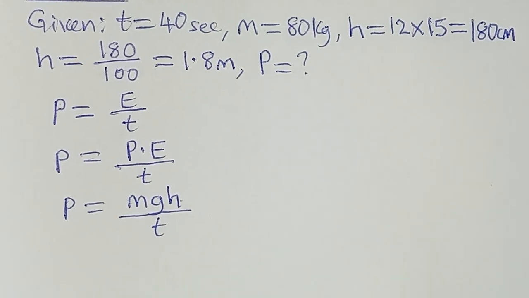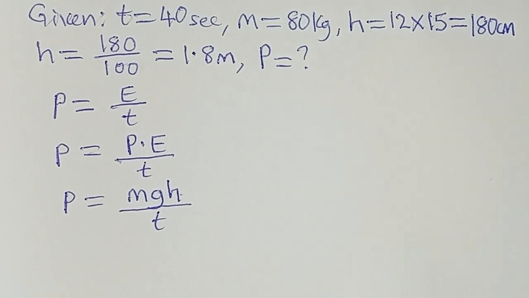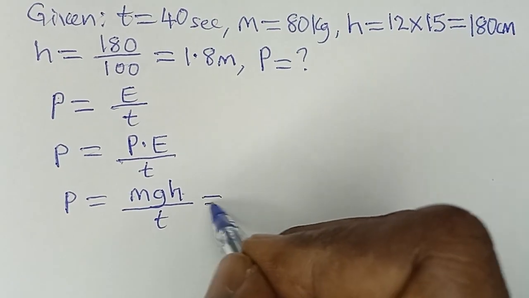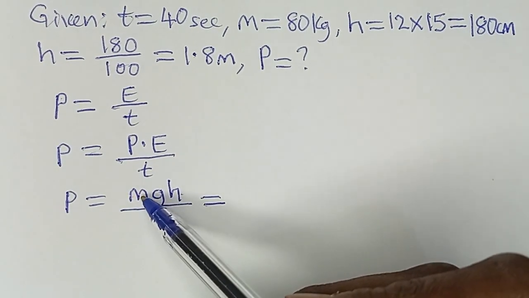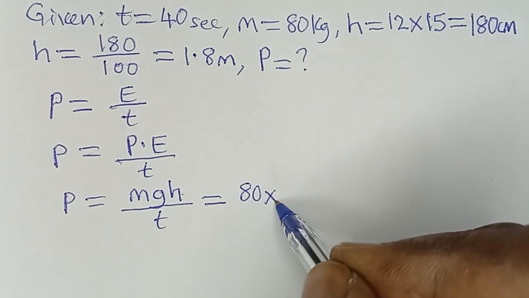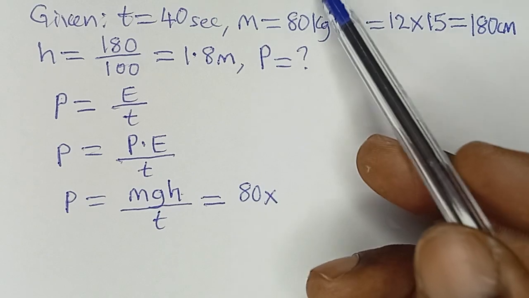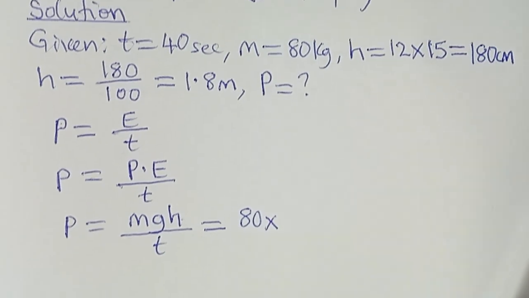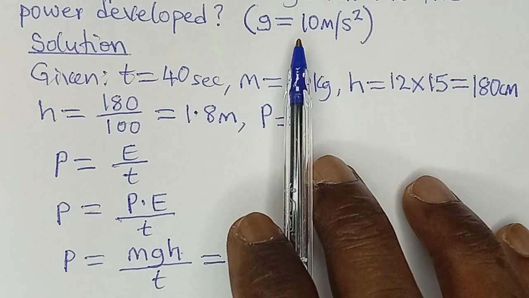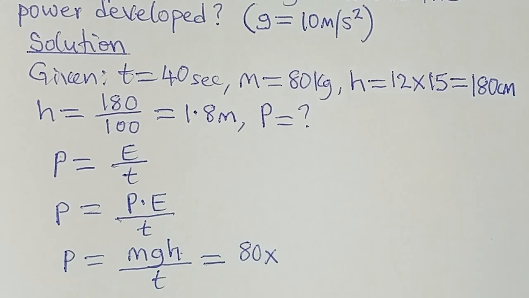So from there now, we can substitute values in order to get the power in the question. So m from the question is 80 multiplied by g, which is acceleration due to gravity. We can see that as 10 given to us. Acceleration due to gravity is 10.